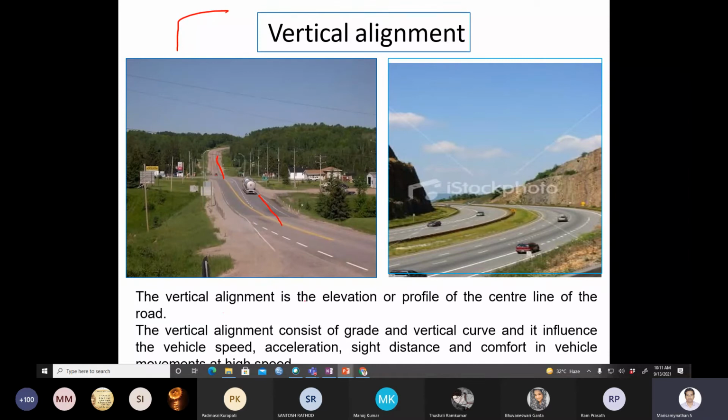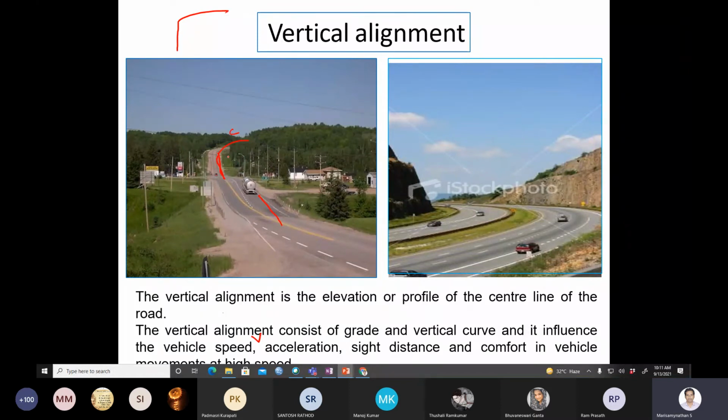Basically it is influencing the speed of the vehicle and the acceleration, and definitely the main important parameter is sight distance, because when the downward direction is there and suddenly we go upward, the sight visibility is definitely affected. Also, on the upgrade and downgrade, the comfort of the driver is influenced. In the horizontal curve, the centrifugal force plays the major role.